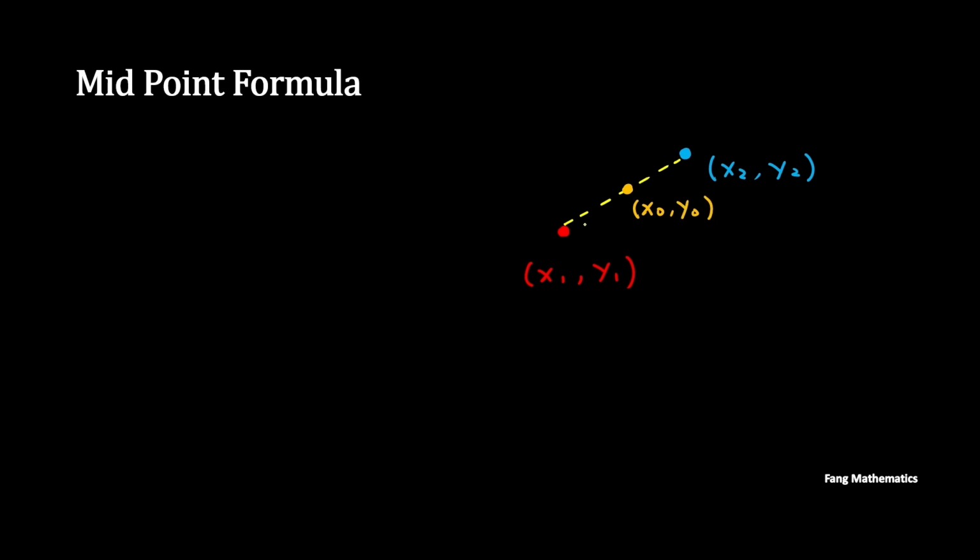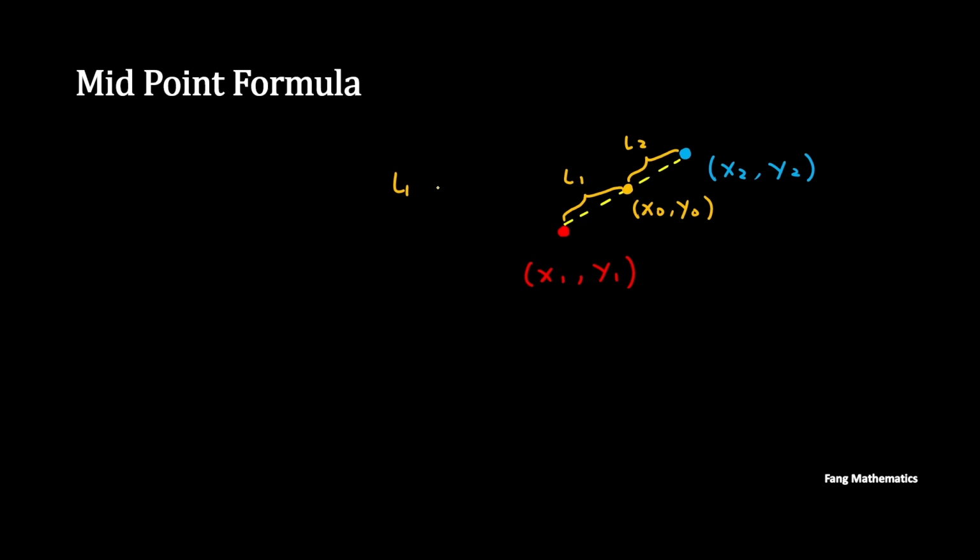And if we are to look for the distance between the red point, the coordinate 1, to my midpoint, I would label that as length 1. And I have my midpoint to the other coordinate, label it as length 2.